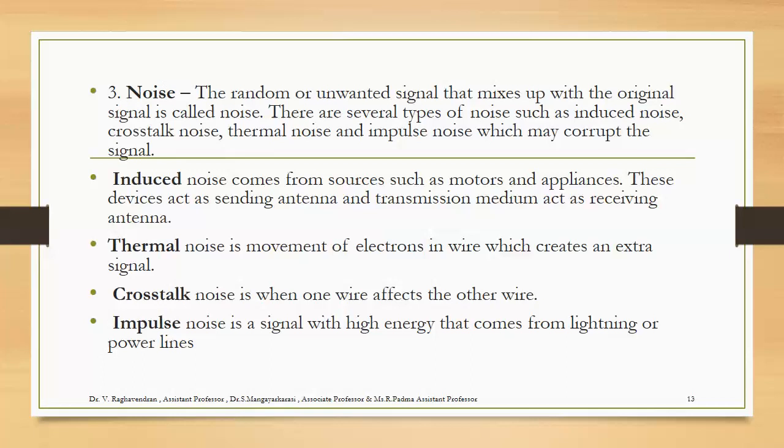The third one is crosstalk noise. Here, when one wire affects the other wire, crosstalk noise happens. The fourth one, impulse noise. Impulse noise is a signal with high energy that comes from lightning or power lines. During rainy time, at the moment of lightning, impulse noises are created in our signals.